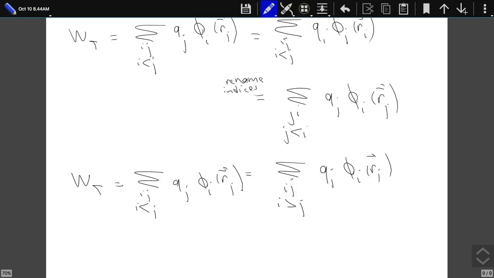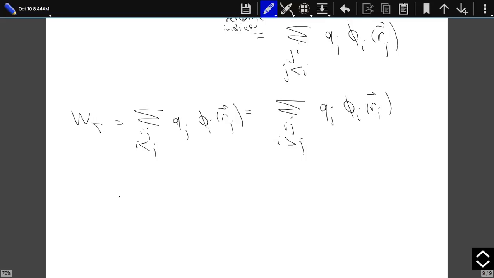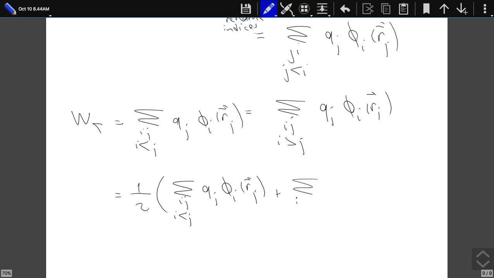But when I do that sum, I'm summing over all i, j with i less than j or i larger than j. So the first term and the second term are equal. If I sum the two, I obtain twice as large a number, so I divide by 2.